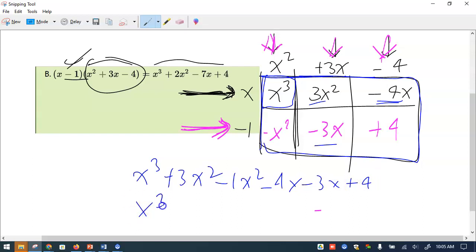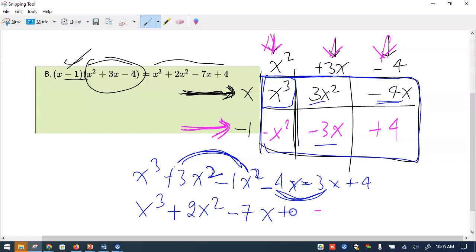You can clearly see the x cubed is the term by itself, but these two both have x squared. So plus 3 and minus 1 will be plus 2x squared. And these together have the same sign, so add and keep the sign, and it becomes minus 7x and plus 4. You see this answer is the same as this.